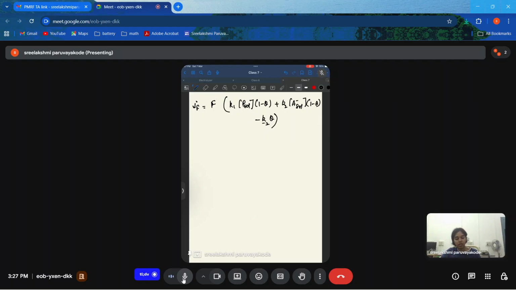Here, when we try to solve this particular expression, we are going to do it in the kinetically limited region. What does kinetically limited region mean? The current depends only on the rate of the reaction, and the material is abundantly available. Only if you go to the mass transfer limited region, the reaction becomes limited by the availability of the material. In that case the concentrations of P solution, A solution, all will keep on changing, and solving the reaction becomes more complex.